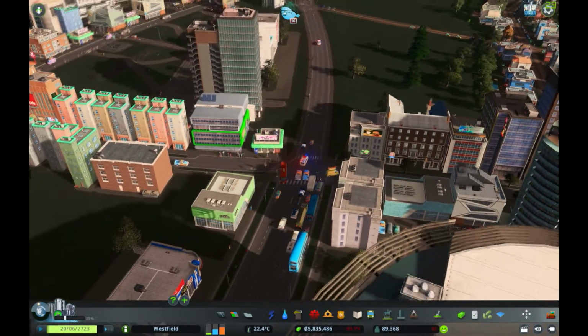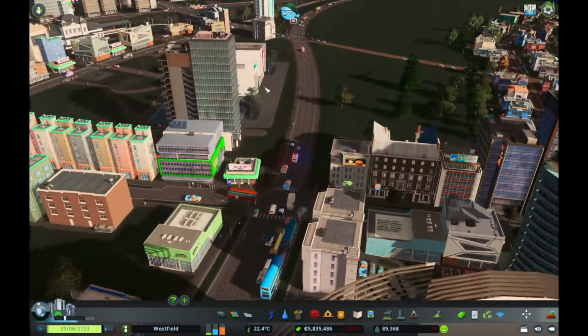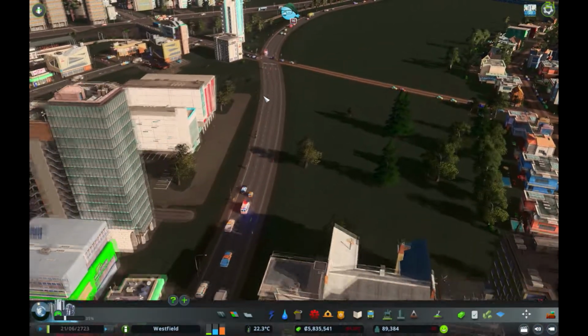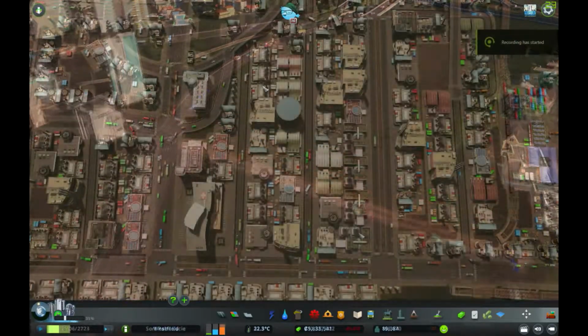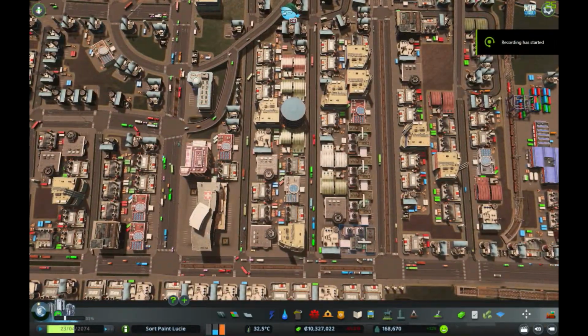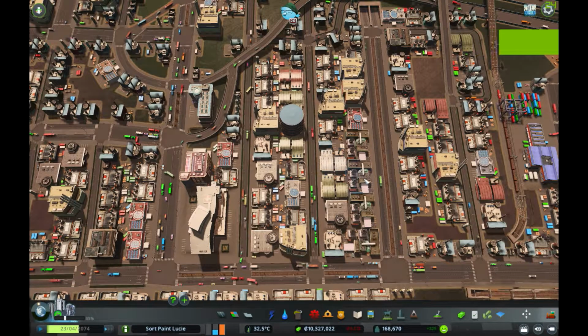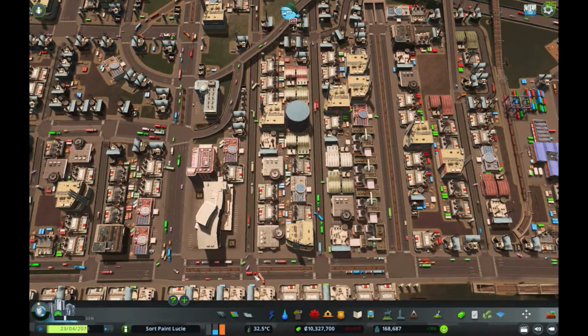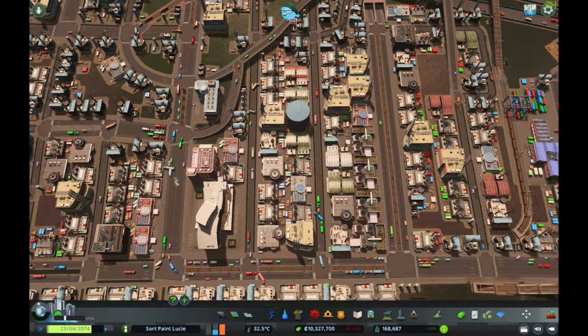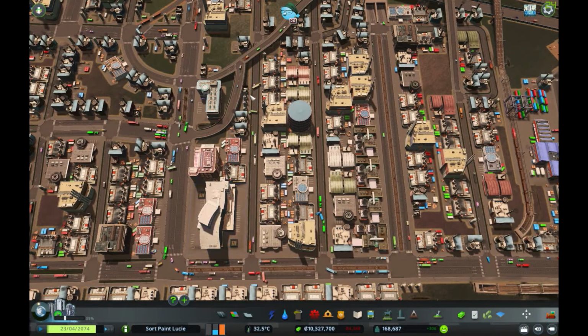The other way I use this dead lane is for industry, as a matter of fact. When we build our industry, sometimes we forget not to zone on main roads or collector roads.